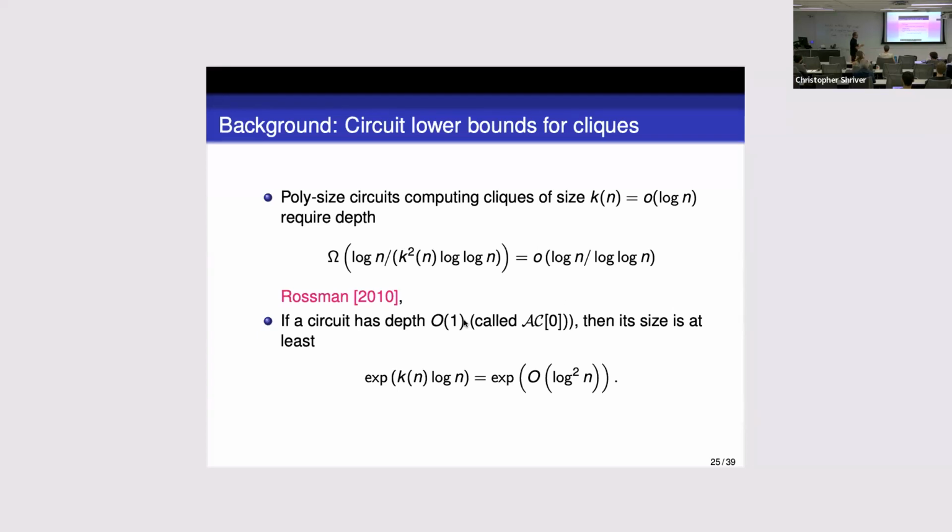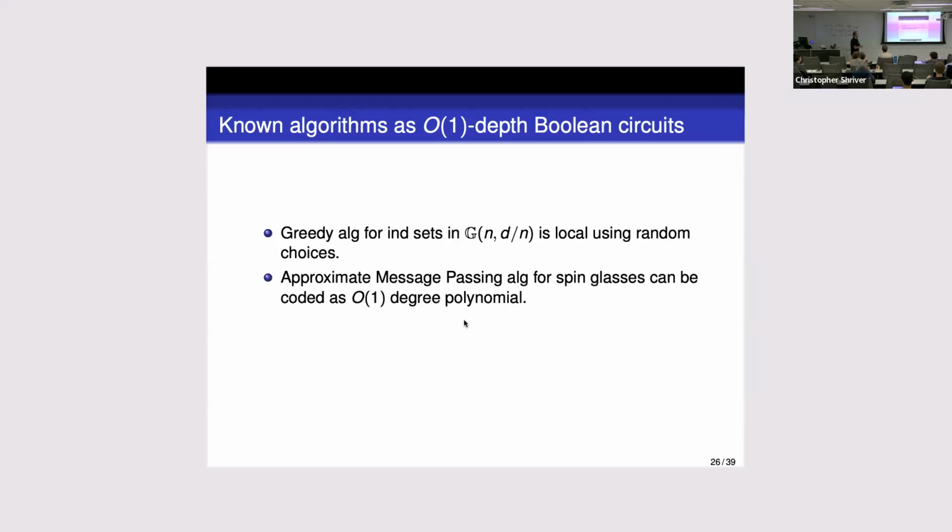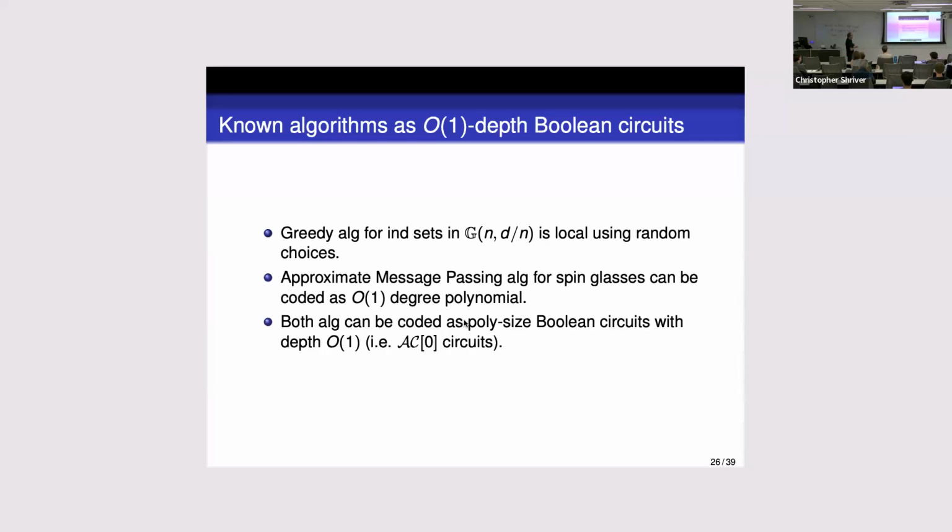Rossman's result implies an exponential of log squared lower bound on the size, and size is the number of gates, for the clique. Okay, so we will come back to that. Now, what is relevant to us? It turns out that both the greedy algorithm and the algorithms achieving the best values for the spin glasses can be coded as circuits of polynomial size with a constant depth, as AC0 circuits.